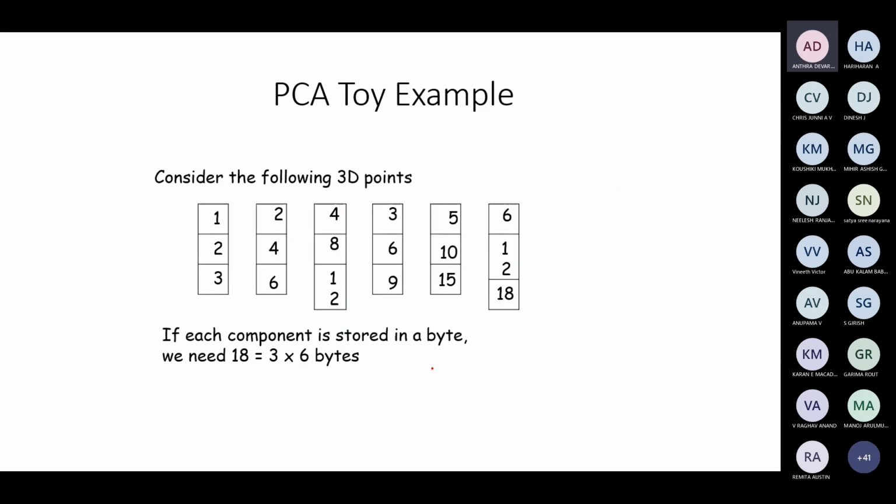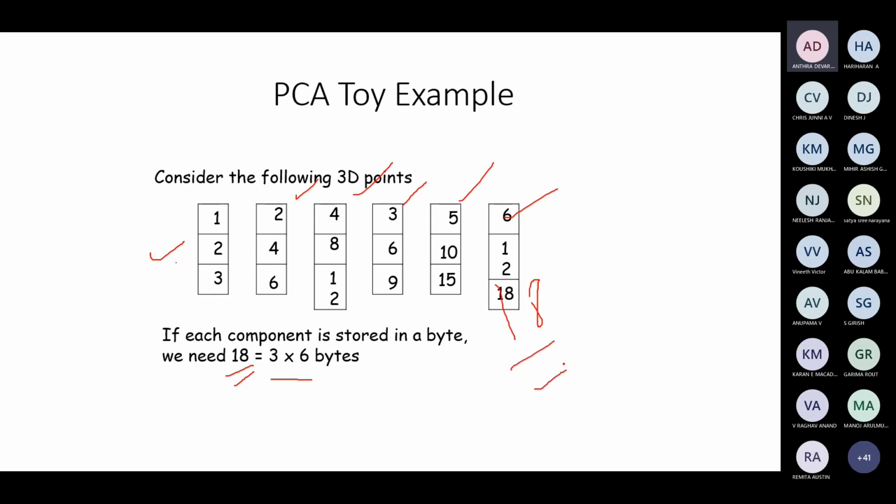Now students, please understand: 1 2 3, 2 4 6, 4 8 12, 3 6 9, 5 10 15, and 6 12 18. If I store them as they are, with six rows of 3 values, 18 bytes are required.